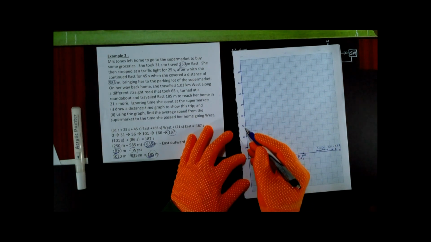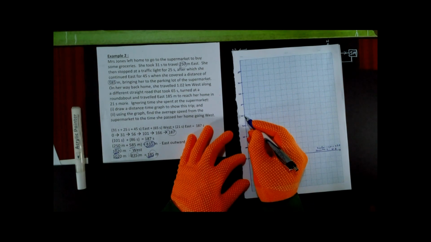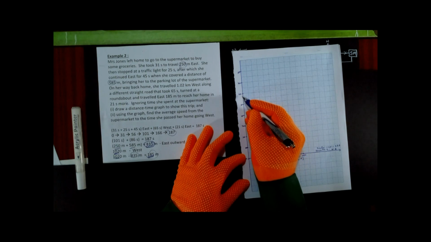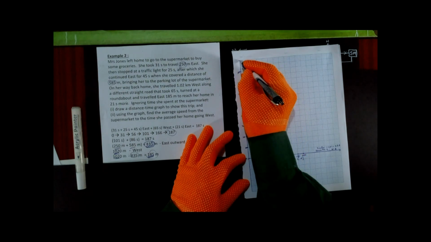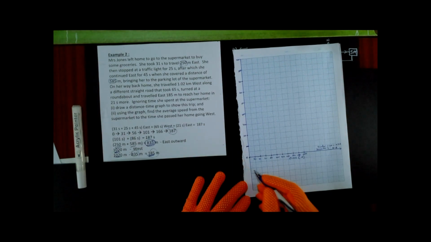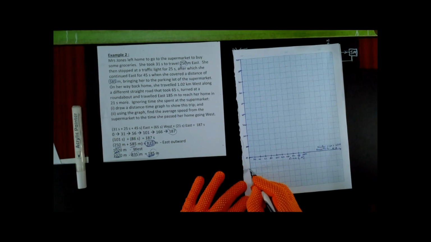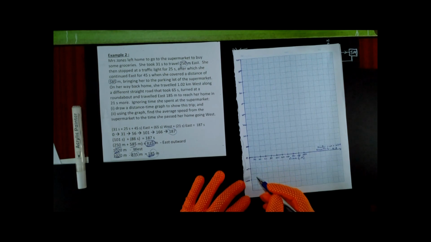That's 1, 2, 3, 4, 5, 6, 7, 8, 900. And this way, this would be negative 100, negative 200. We could have dropped that a little, maybe to this line here.